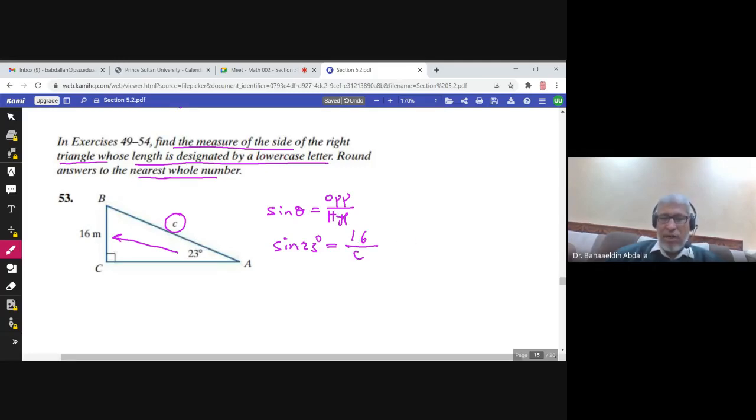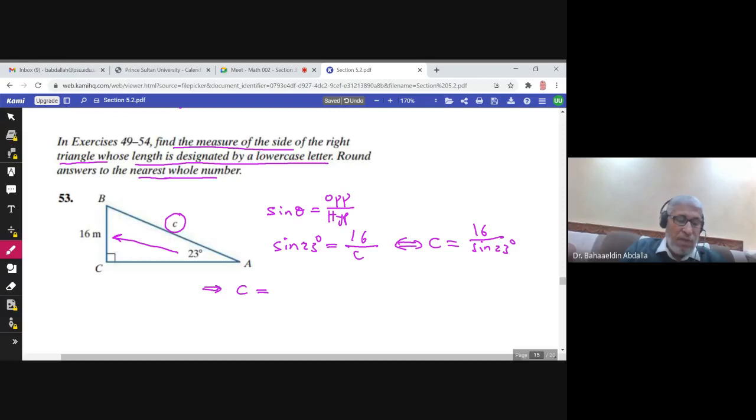Now I solve this equation, multiply cross product. Because this is 1, you can change the positions of C and sine 23. So C would be 16 over sine 23. Now to find C, you have to be in the degree mode. So I will go to shift mode, degrees, which is number 3, and then I will write 16 over sine 23.